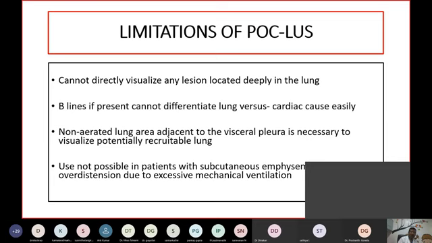And if a patient has subcutaneous emphysema or alveolar overdistension due to mechanical ventilation, you can't use lung ultrasound, because there will be increased air in the lung, and with ultrasound it will appear as a normal lung rather than a pathology. So these are certain limitations of lung ultrasound.